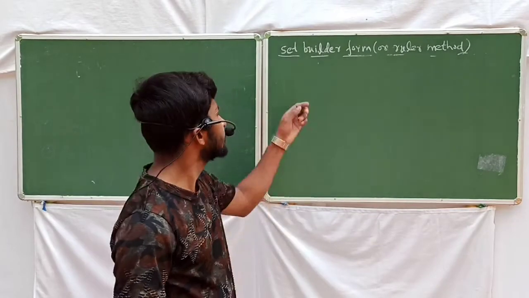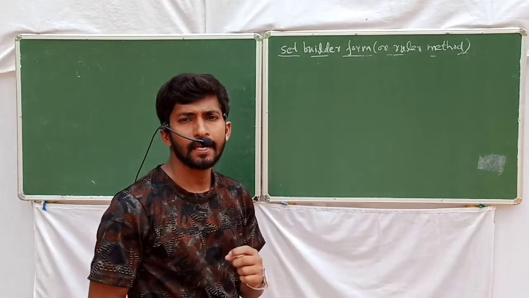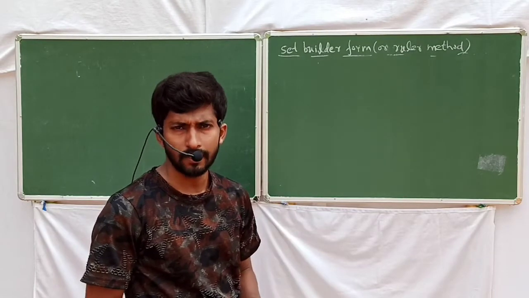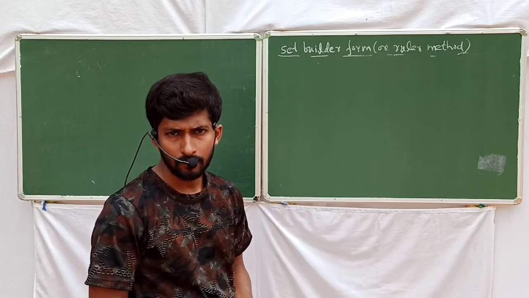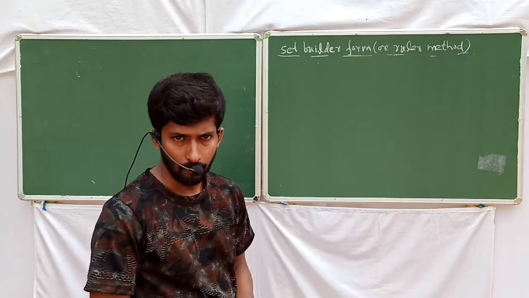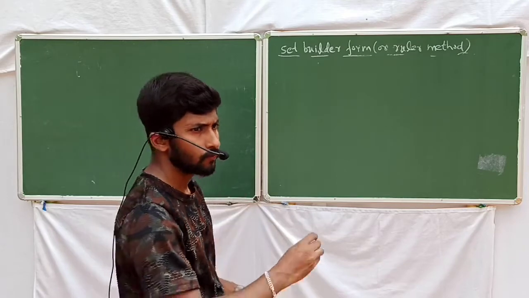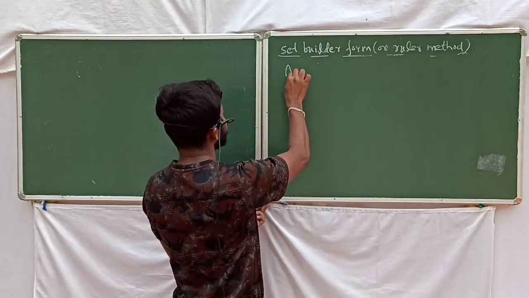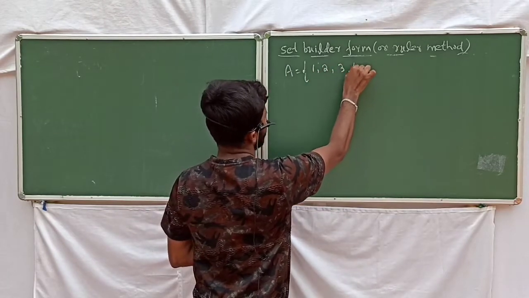Next is set builder form or rule method. This is again one more representation of a given set, which is how to write set in listed form as well as in the described form. Suppose I am taking one set in the listed form. For example, A is equal to {1, 2, 3, 4, 5}.